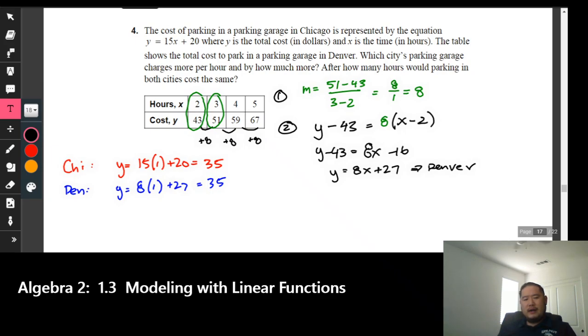At Denver, to park is 27 bucks. However, it's only $8 an hour. So it seems like a better deal at first, right? So going back, which city's parking garage charges more per hour? Hopefully we realize that is Chicago. Chicago charges more.